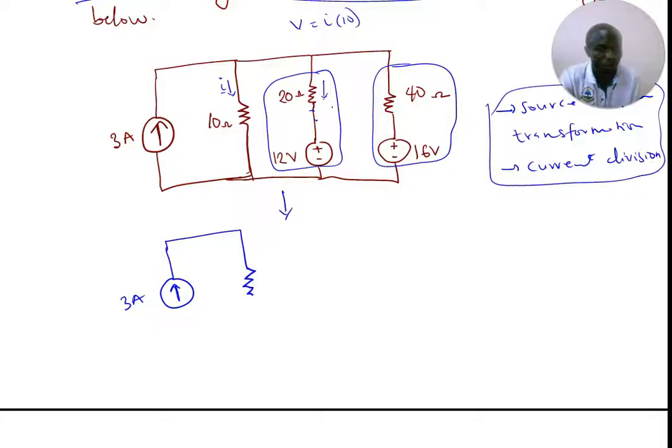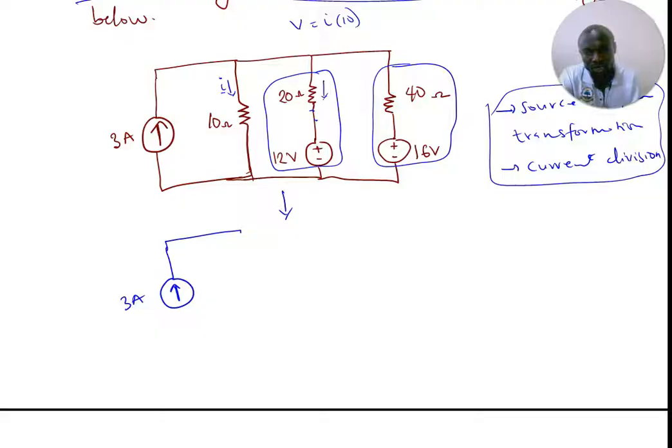So don't touch the resistor where they've asked you to find the current. If you do any conversion to that part of the circuit, you are not going to get the exact value. So with this one, like I said, I'm not going to touch the 10 ohm resistor.